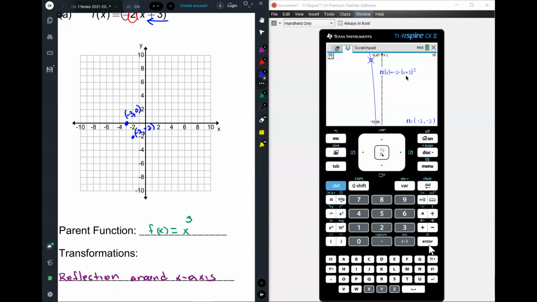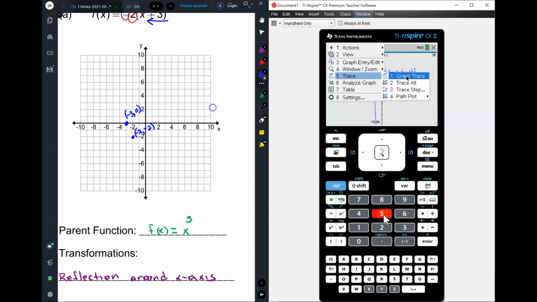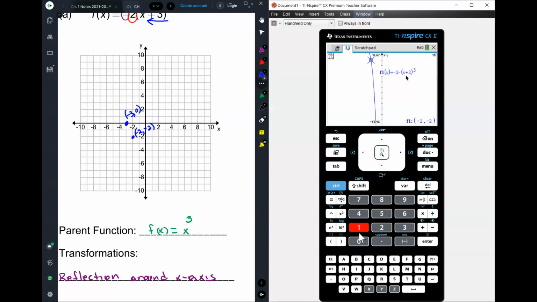Where? Okay, so let's start again. On here. Menu. You have to be in trace mode. Menu, trace, graph trace. Now just type in 1 more to the right. So negative 1, enter, negative 1, comma, negative 16.